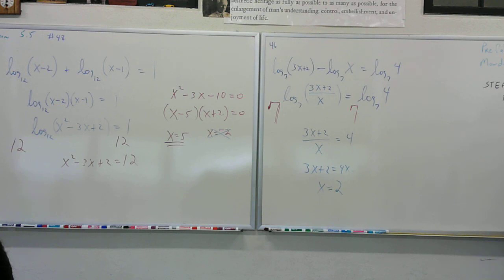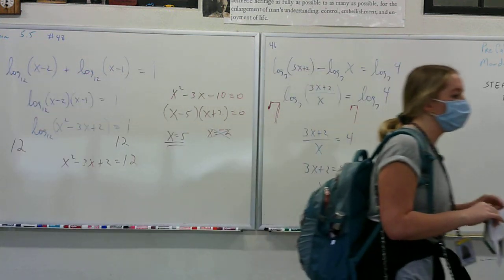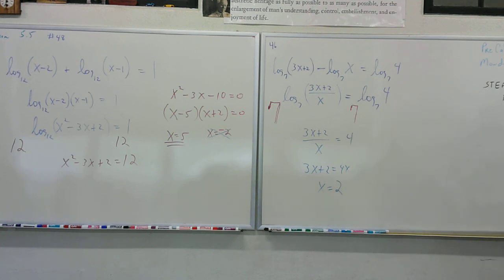Now, if you look at this assignment that's on the board, you will notice that I have got problems circled. This is Section 5.5, and you need to work the ones that are circled. When you work the ones that are circled, there's an answer key right up here.